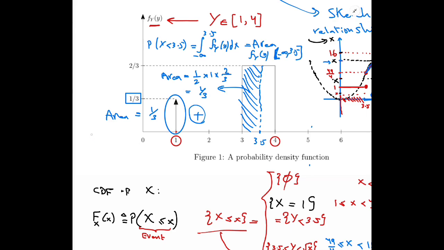That is the integral from minus infinity to 3.5 of 1/3 delta(y minus 1) dy, which is equal to 1/3. So 1/3 plus 1/3, the total area is 2/3.